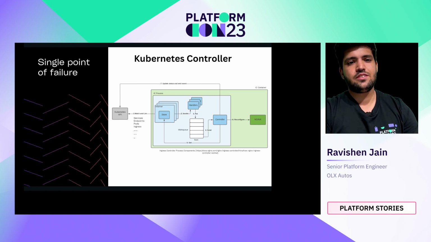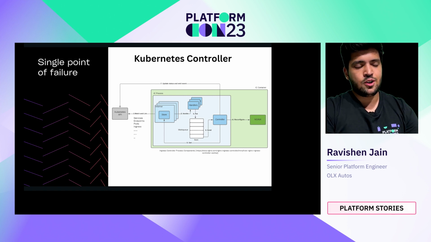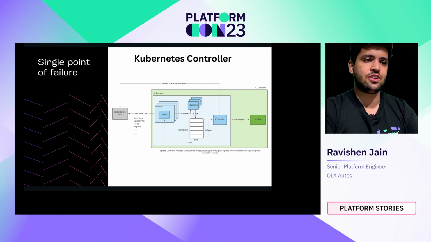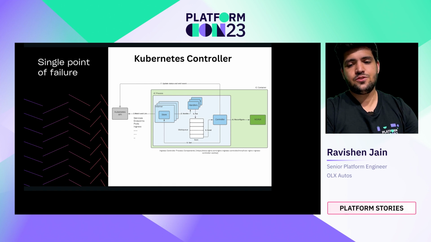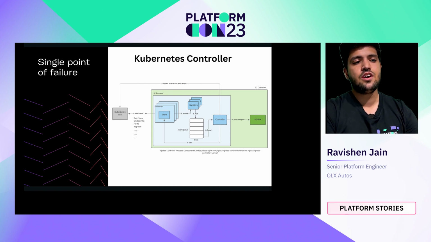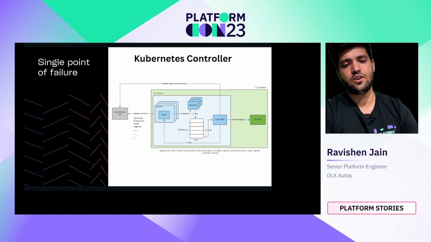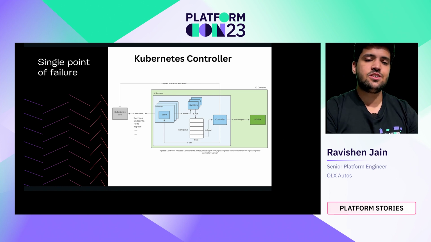It would remain much the same for all the controllers as well. So the informer would initiate your list watch on one or more K8s resources, and as soon as you create, update, or delete any of those resources, you would register a handler along with that as well, which generally would enqueue all of those actions along with those elements into a worker queue.